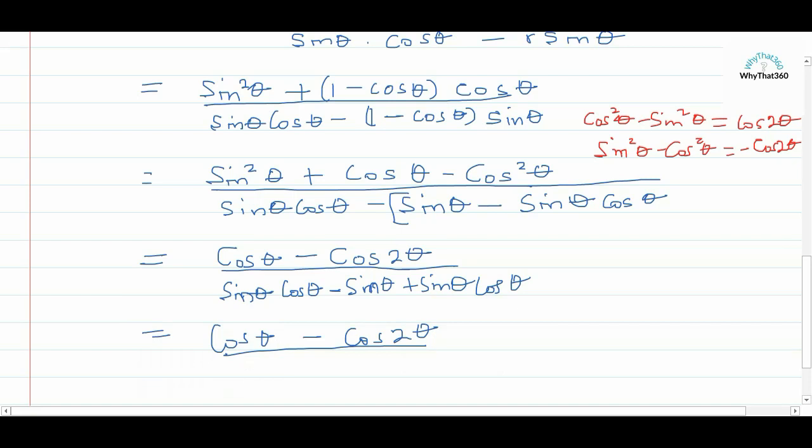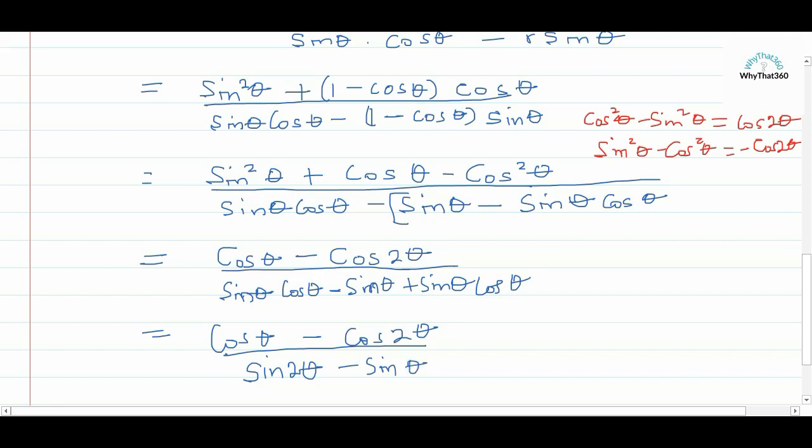So divided by sine 2 theta, which is for the sine theta cos theta plus sine theta cos theta. So minus sine theta.